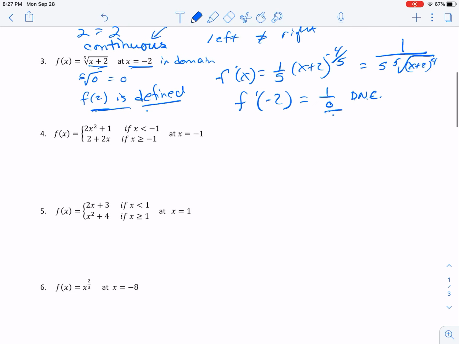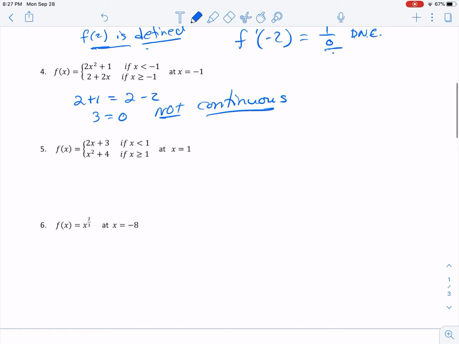Okay, let's try the next one. You plug in -1. -1 squared is 1, so this is 2 plus 1 equals 2 minus 2. And you get 3 equals 0, so it's not continuous, so you give up. Because if it's not continuous, it can't be differentiable.